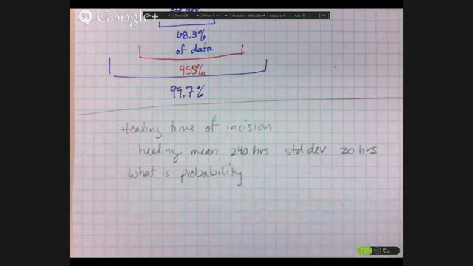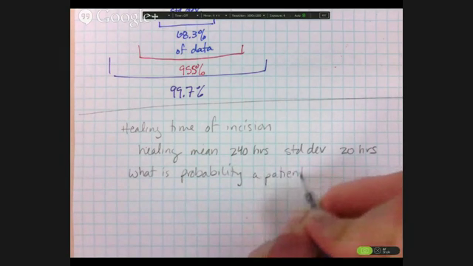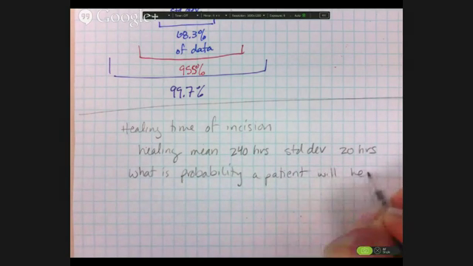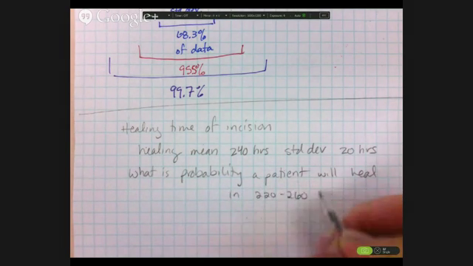Okay, what is the probability a patient will heal in 220 to 260 hours?